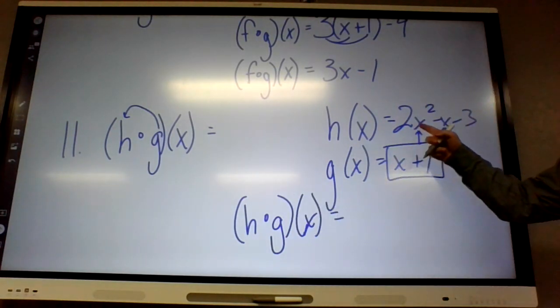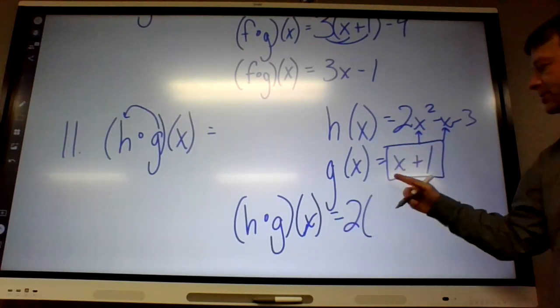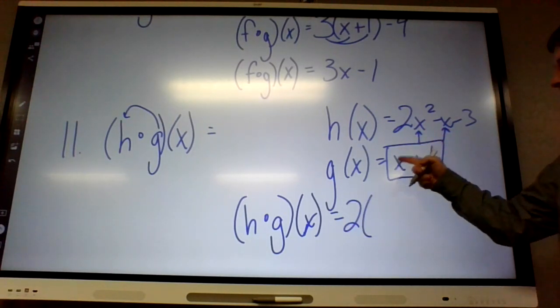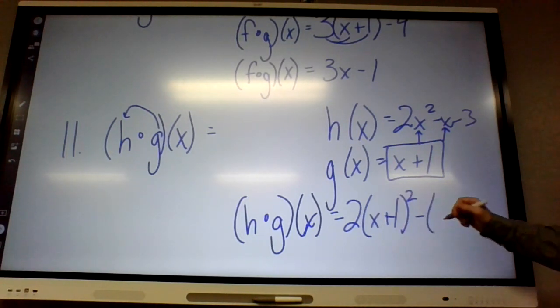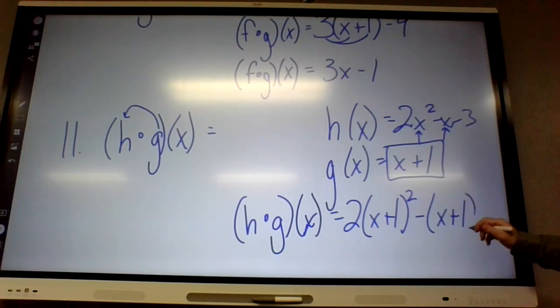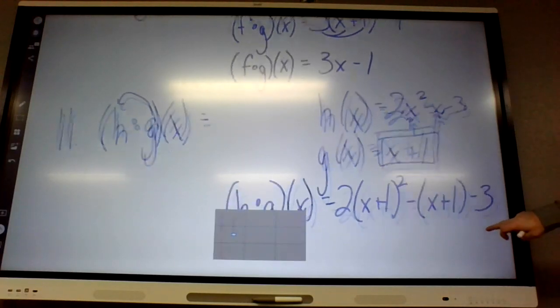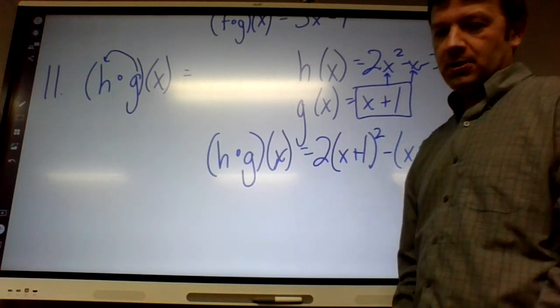So I'm going to rewrite this one: 2 times, instead of x, we're going to put in the g from this. x plus 1 squared minus x plus 1 minus 3. Everybody see what I did? Substitution basically is what's happening. Can I simplify that? Yep.